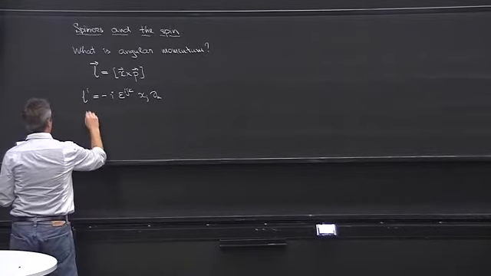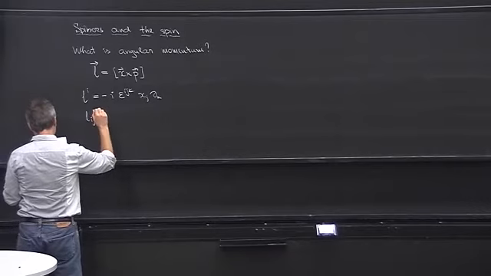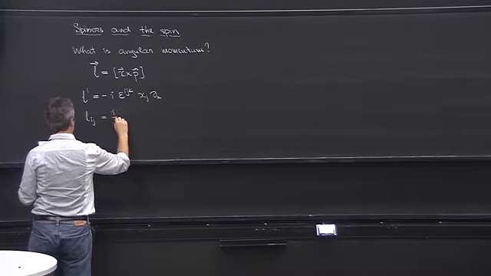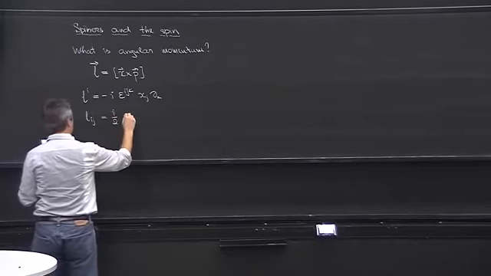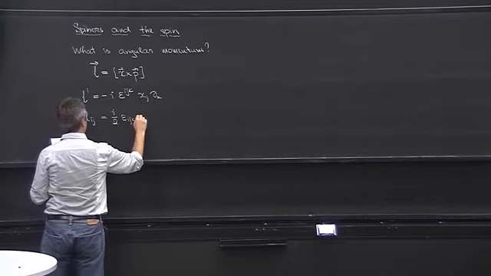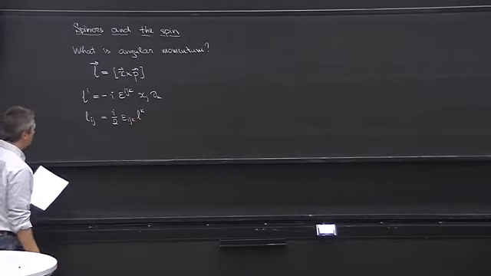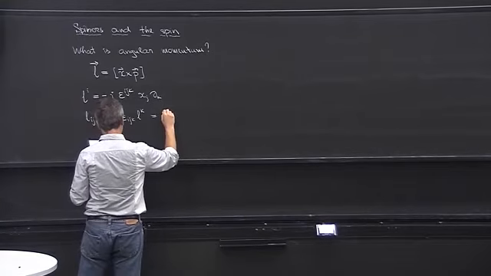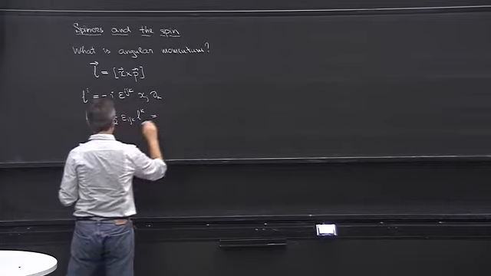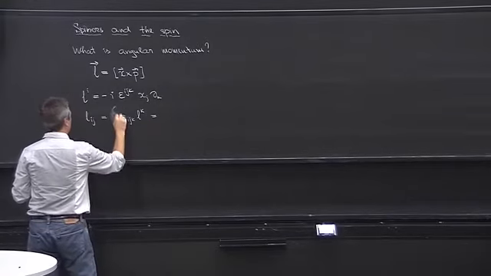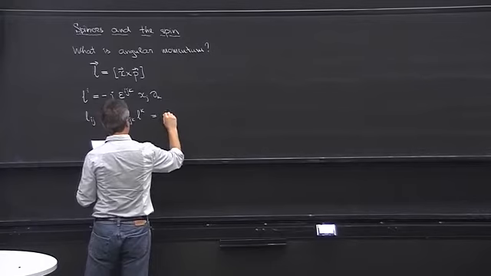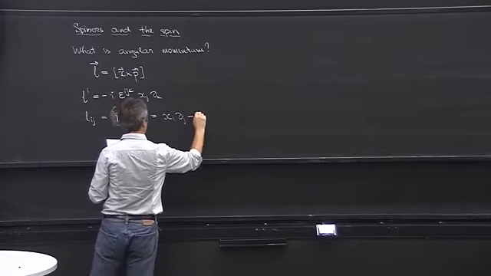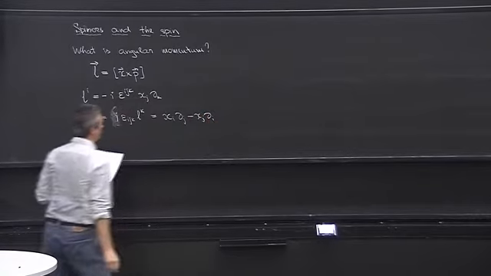So we could characterize it by a tensor L_ij, defined as epsilon_ijk contracted with L_k, and this is simply x_i d_j minus x_j d_i.